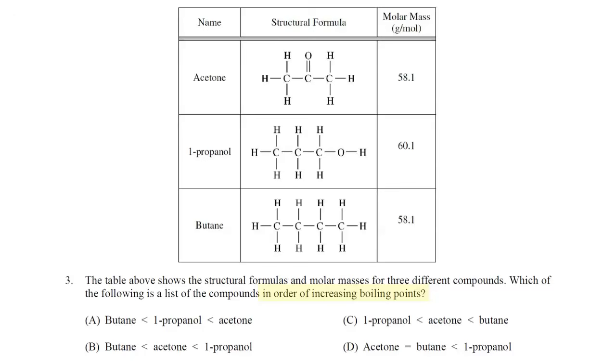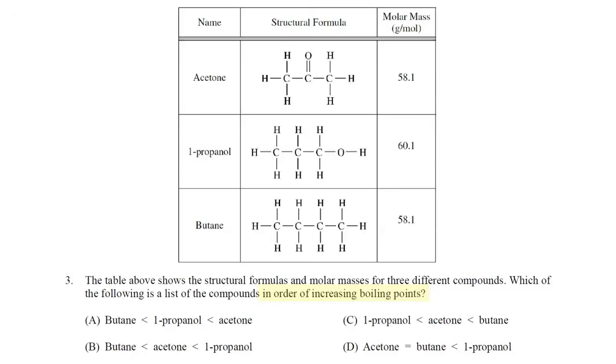What I am going to do is talk about the relative strength of the intermolecular attractive forces. The fact that I can look at acetone, 1-propanol, and butane and compare the relative number of carbon atoms, hydrogen atoms, and in some cases oxygen atom, I can say that all three of these substances have approximately the same size electron cloud.